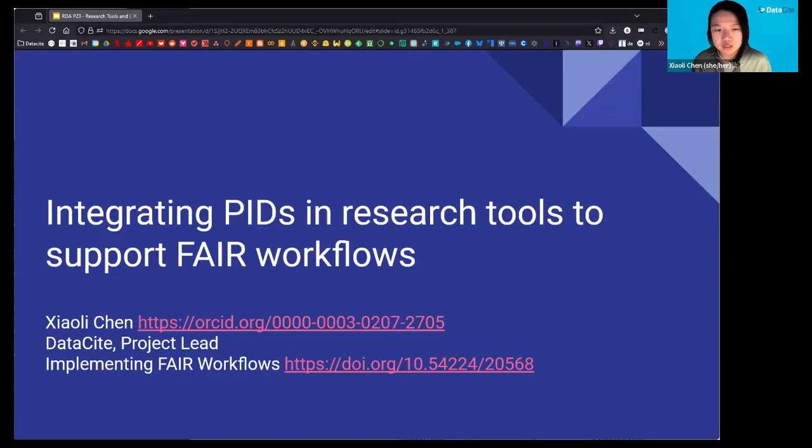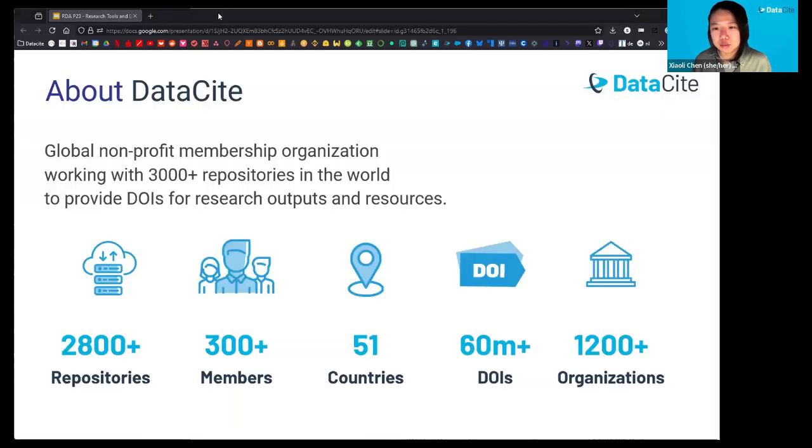I will start with a little bit of introduction about DataCite. I presume most of the room and most people online are quite familiar with what DataCite is. We are a global nonprofit membership organization working now with over 3,000 data or scholarly resource repositories in the world to provide DOIs for these entities.